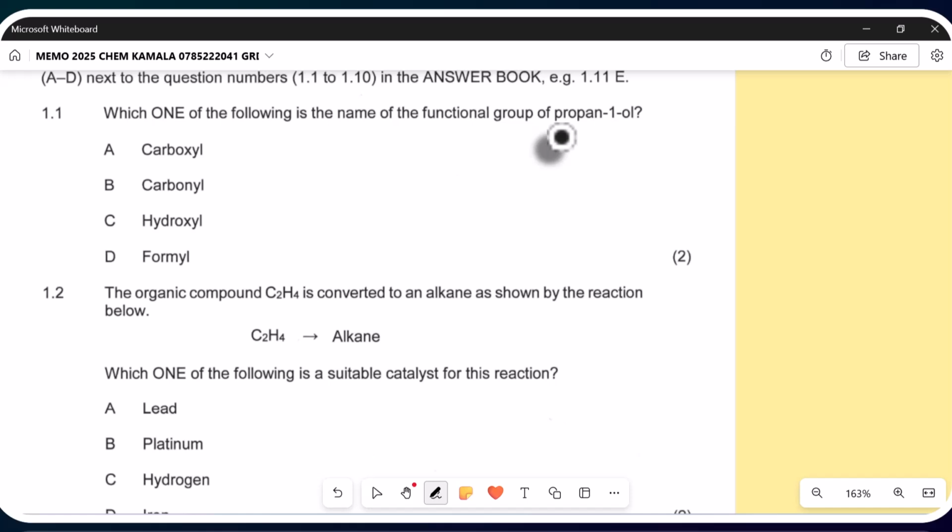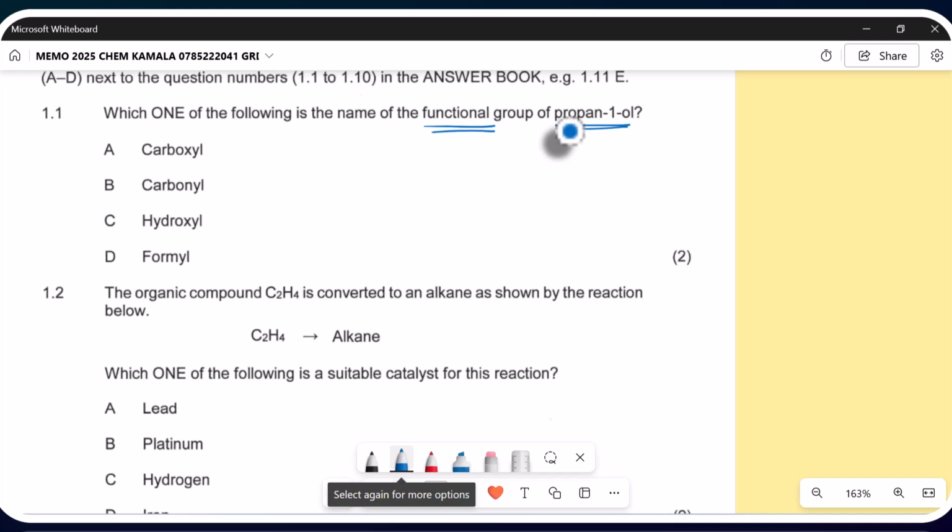Now, propanol is an alcohol, and being an alcohol, its functional group is known as hydroxyl. So the answer is C. Hydroxyl is for the alcohols, the carboxyl is for the carboxylic acids, the carbonyl is for the ketones, and the formyl is for the aldehydes.